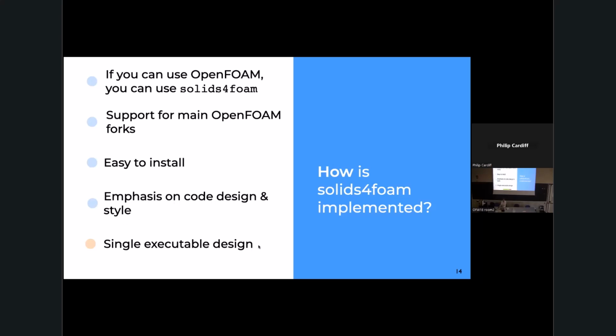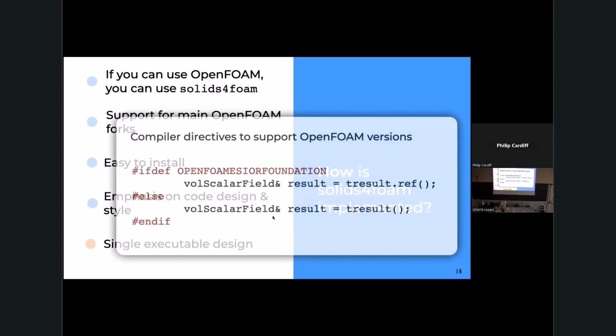Just to mention the single executable design, which is not the OpenFOAM approach. Actually, before that, just to comment on supporting the different OpenFOAM forks. If you don't know what I mean, there are three main versions of OpenFOAM: OpenFOAM.org, known as the foundation version; OpenFOAM.com, known as the ESI version or OpenCFD version; and then there's Foam Extend. They're very similar.